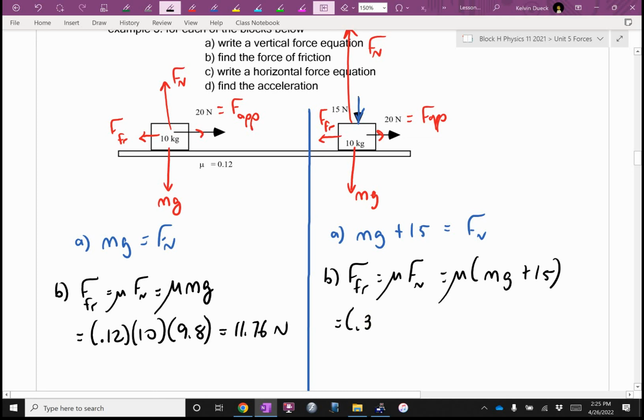It's not 0.35, it's 0.12, times 10 times 9.8 plus 15. 10 times 9.8 is 98, plus 15 is 113. 113 times 0.12 is 11.3 plus 2.26, which is 13.56 newtons.